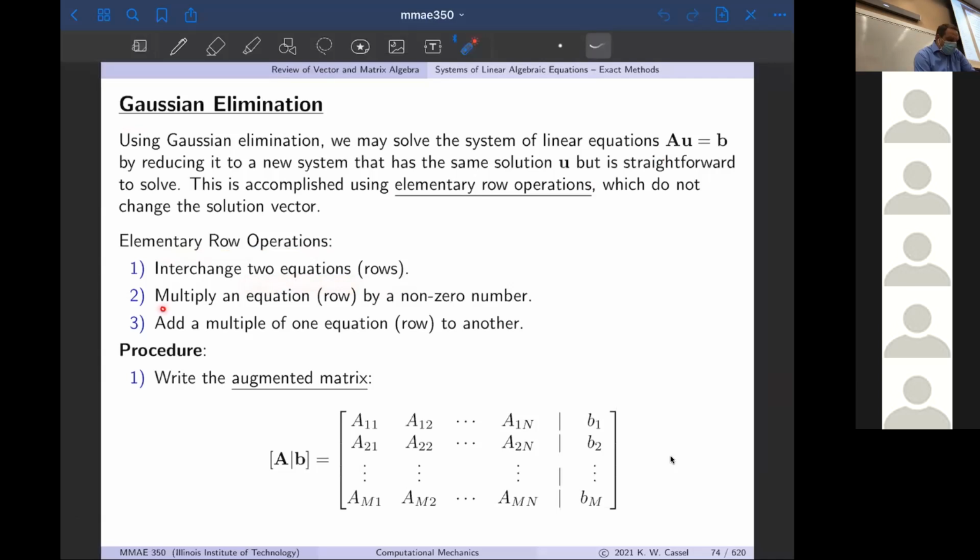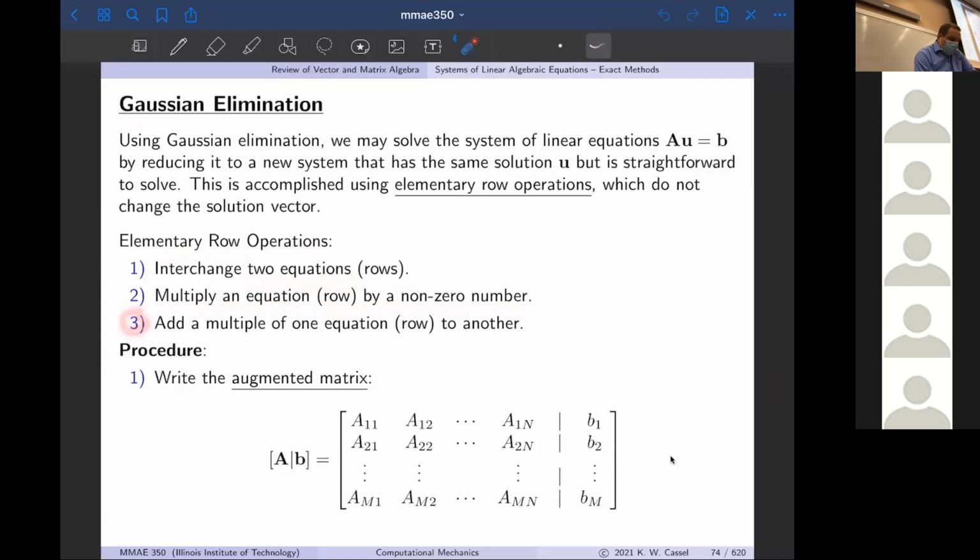I can also multiply an equation by some non-zero number. If I multiply the left side and the right side by some number, I haven't changed the equation. I've just made it look a little different. Same idea with the row: I can multiply through a whole row by some number.